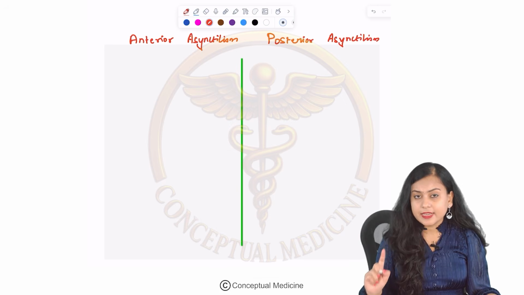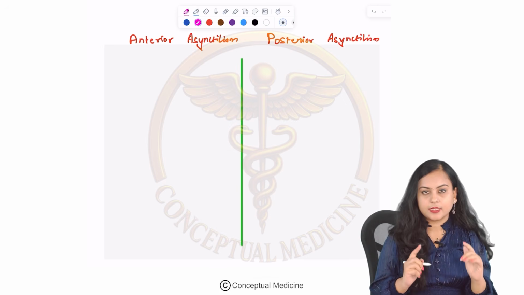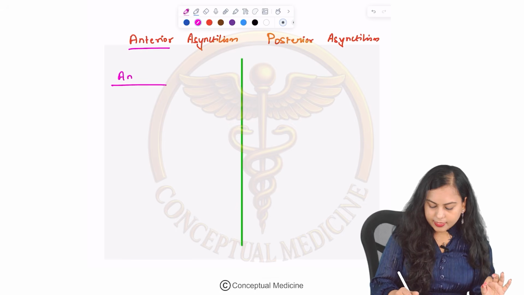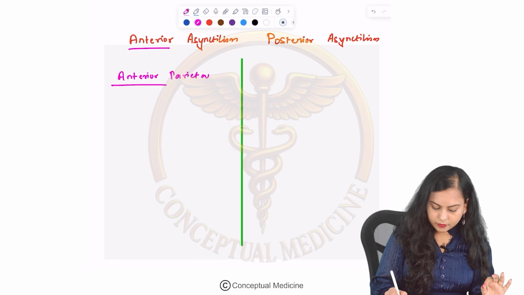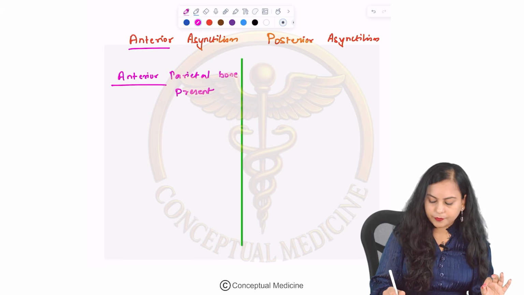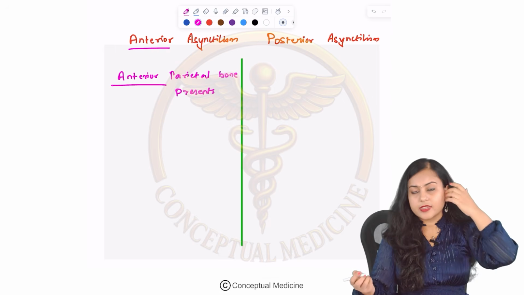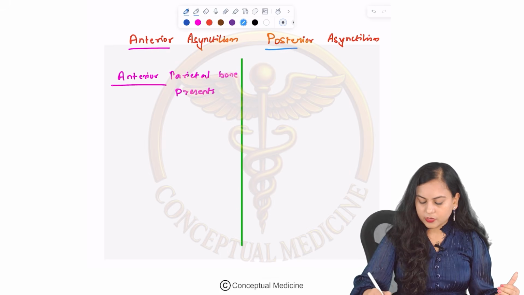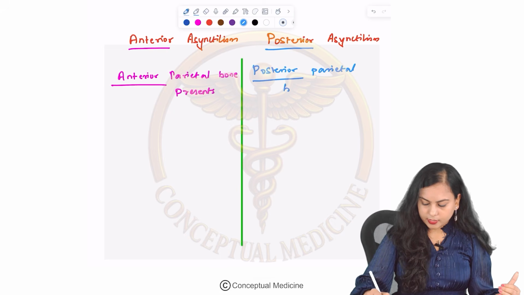In anterior asynclitism, the anterior parietal bone presents, or it is lower. What happens in posterior asynclitism? Yes. So, the posterior parietal bone presents.